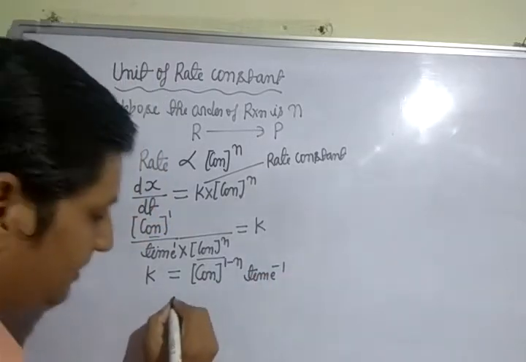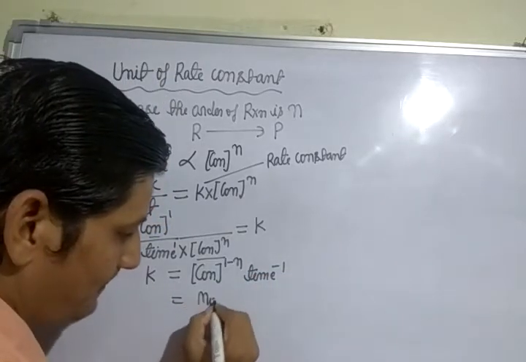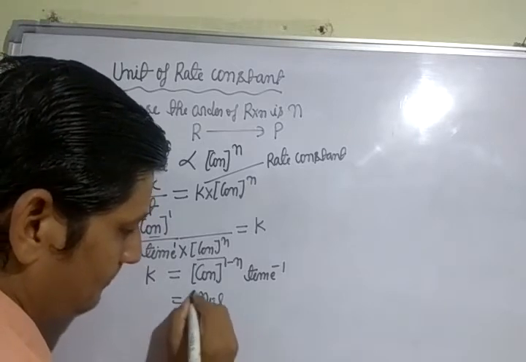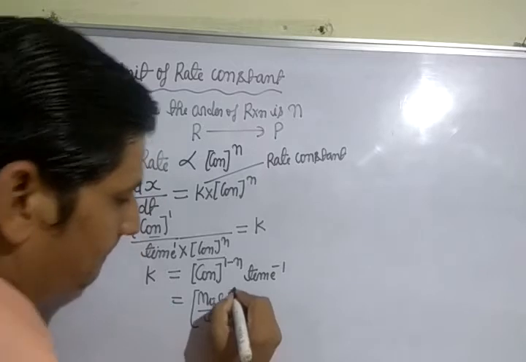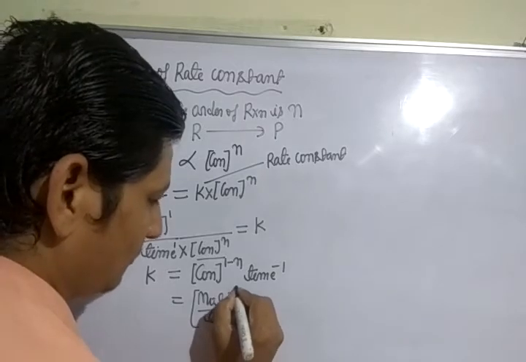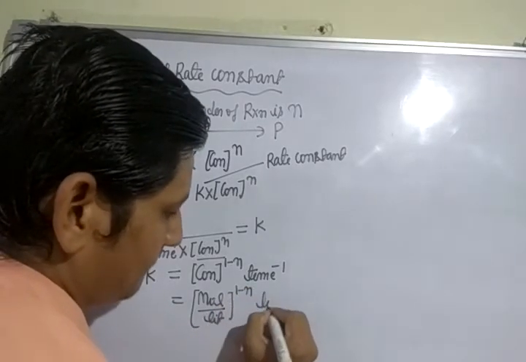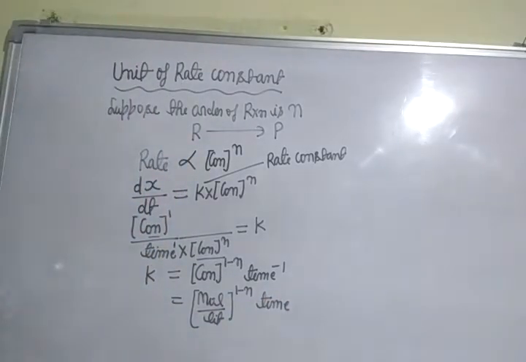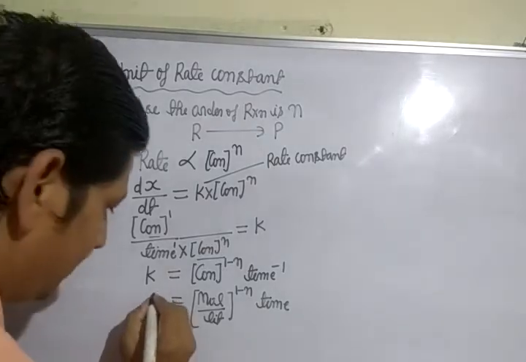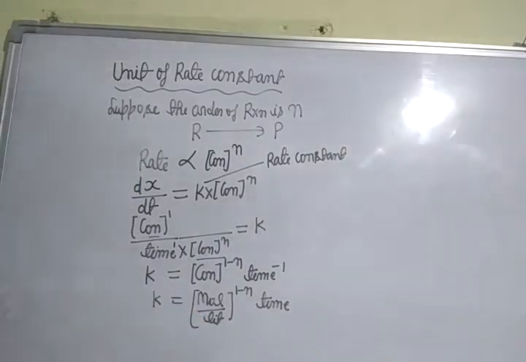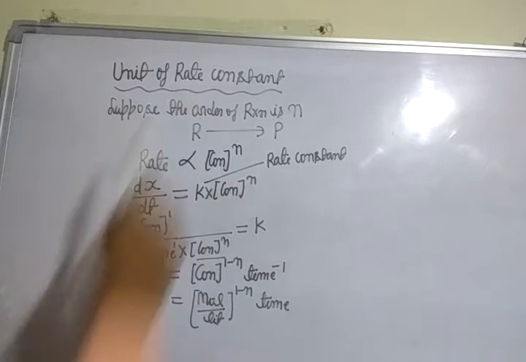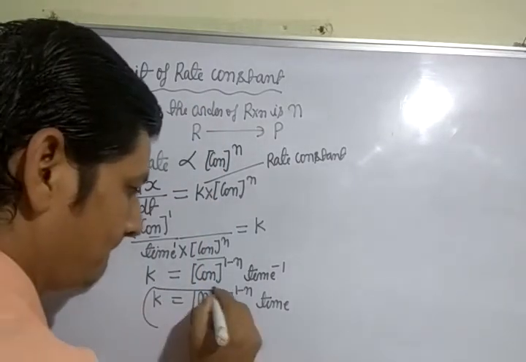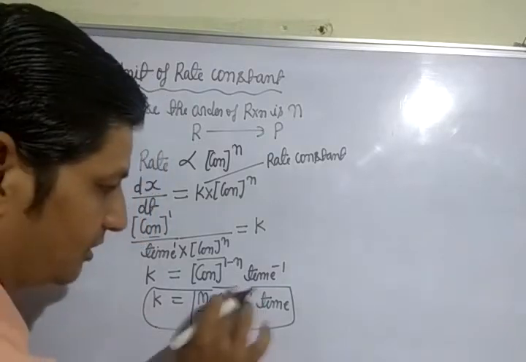In place of concentration we can write mole per liter to the power 1 minus n, time inverse. Okay students, so this is the main formula to write the unit of rate constant for different order of reaction.